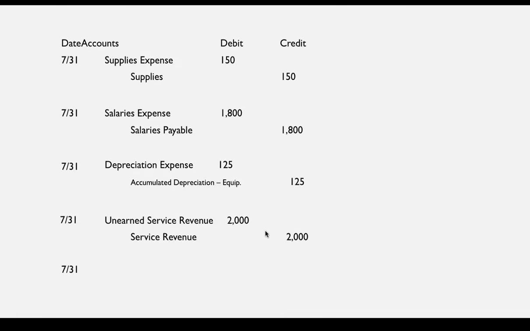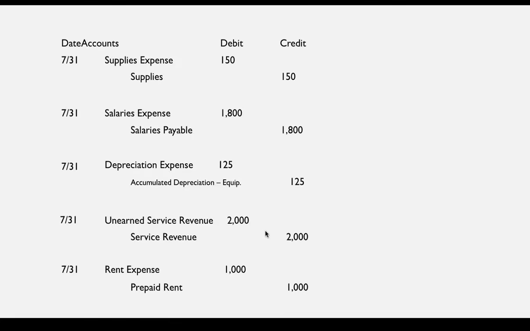So we would have to decrease our prepaid rent account, which means we need to end up crediting prepaid rent, which leaves the debit slot open for an expense. That expense, rent expense, right? So we debit rent expense, $1,000, and we will credit prepaid rent, $1,000, because that is 1/6 of the $6,000 original rental agreement amount.